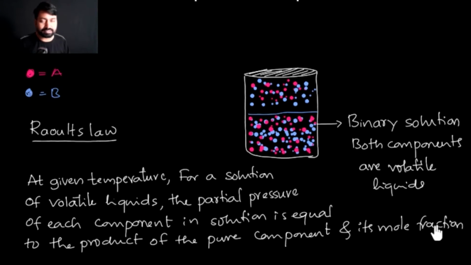So this is a very easy statement, but it looks like it contains a lot of words. But we can go with the equations. By that you can understand very easily.